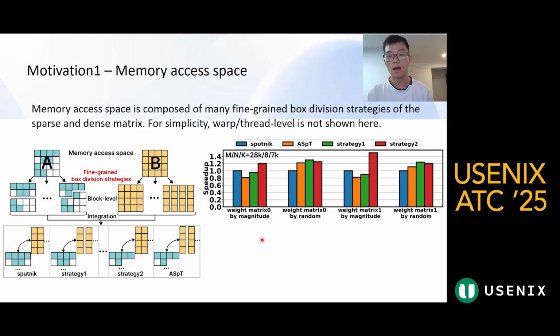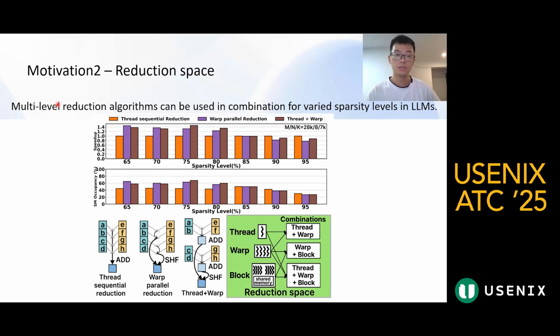And for different weight matrices pruned by different pruning methods, we can see strategy 1 and strategy 2 can obtain higher performance here. Then we find multi-level reduction algorithms can be used in combination for varied sparsity levels. We can see here, threads can use sequential reduction add to accumulate results, and at warp level, parallel reduction with shuffle can be used.